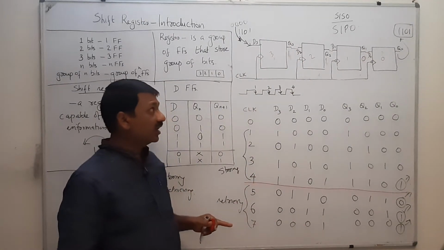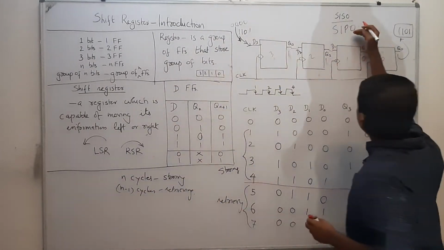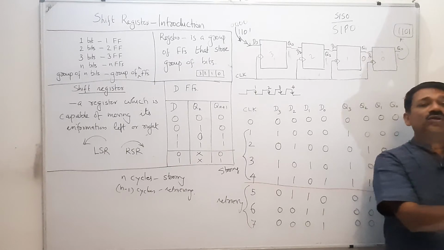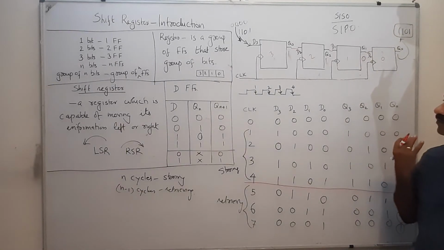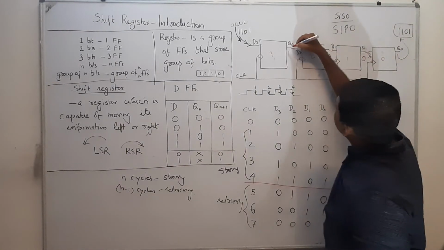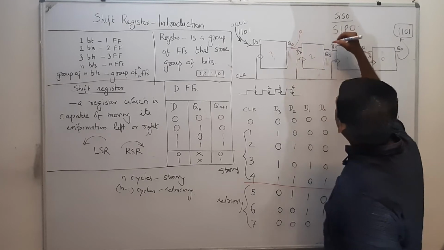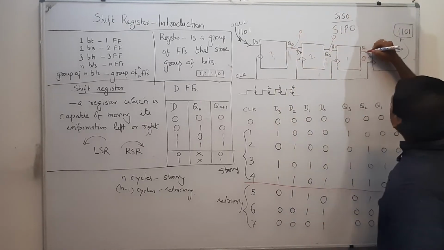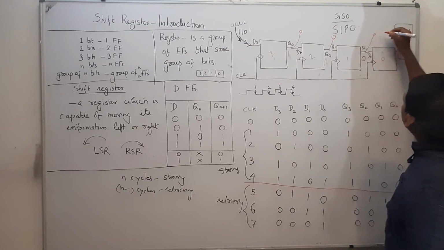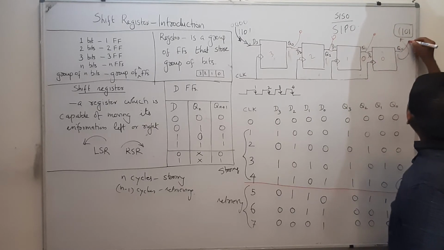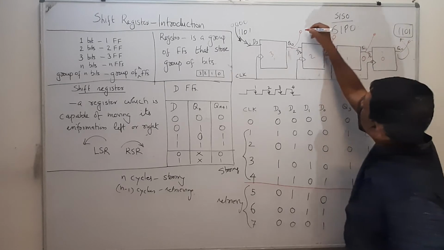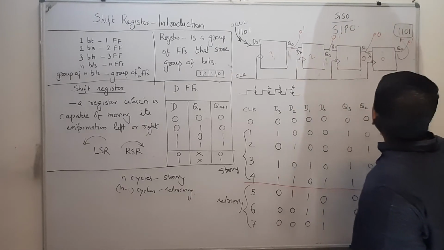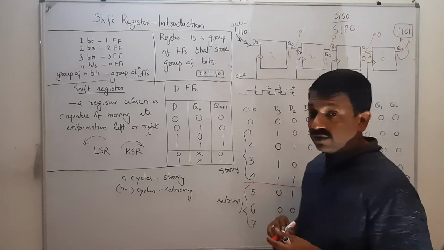So after that, if you are going to take it out parallelly, that means you are retrieving that information from all the flip flops at the same time. That means from Q3 you are taking an output, from Q2 you are taking an output, from Q1 also, from Q0 also. Here this will be 1, 1, 0, 1.